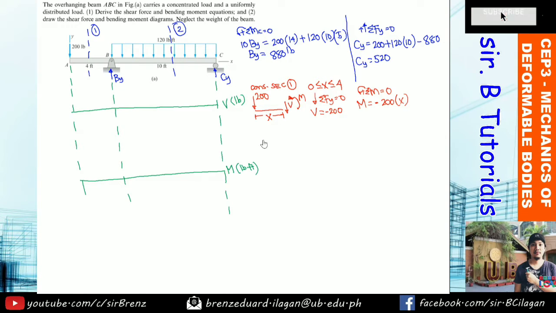Next will be for the section 2. So considering section 2, ganito yung makikita natin sa diagram. Medyo lakihan lang natin ng konti para kitang-kita. So you have here 200 pound. And then dito, meron kang reaction na By, which is equivalent to 880 pound. Ayan. So ang uniform load mo will start here and on this section.